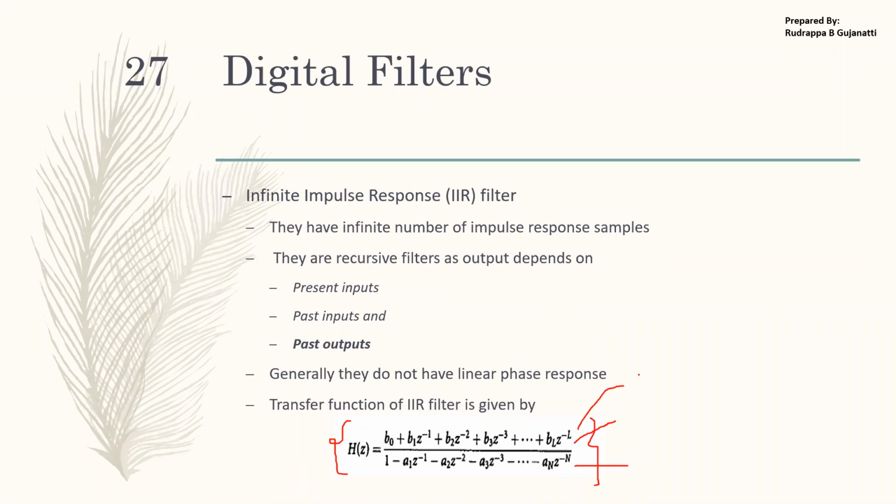Equating the numerator to 0 and identifying all the z values for which this equation is satisfied, those give me the zeros. In the denominator, when I equate the equation to 0 and see what are the possible values of z, those values give me the poles. Using this, I'll be able to identify how the system is performing or what will be the overall response.